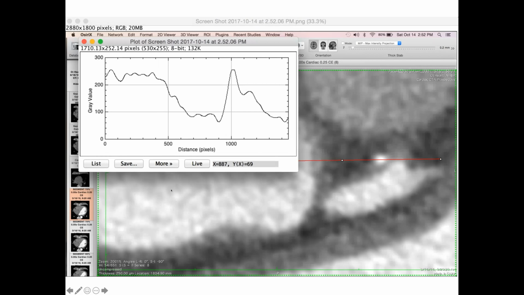Now, going back to our image noise discussion, if we look at the background of this picture, say this area right here, this is blood, and blood is a fairly uniform, homogeneous substance.